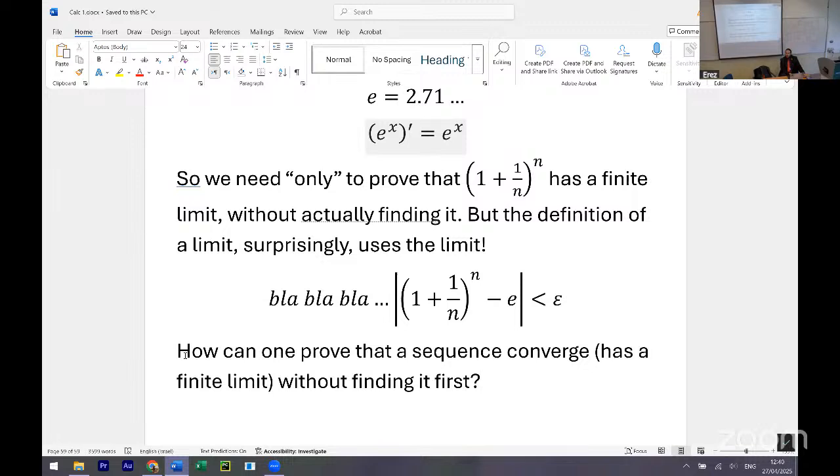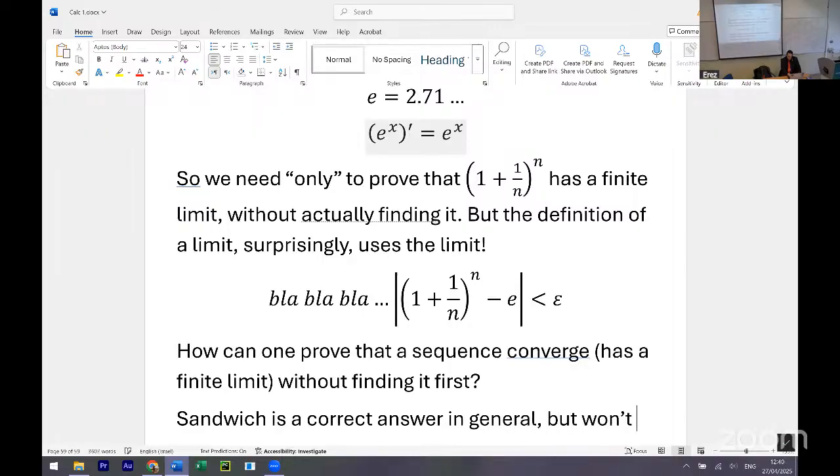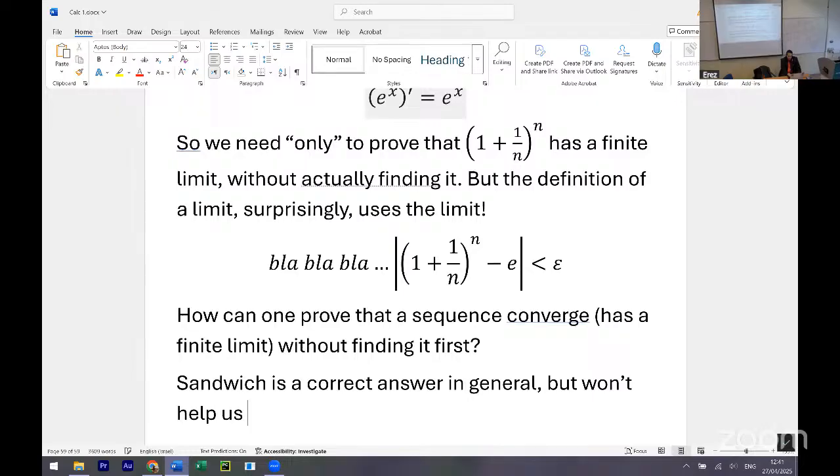You are very correct that the sandwich will be one of the ways. Sandwich, and you know that I don't usually write it, is a correct answer in general, but won't help us here.